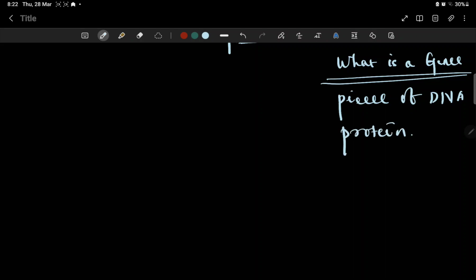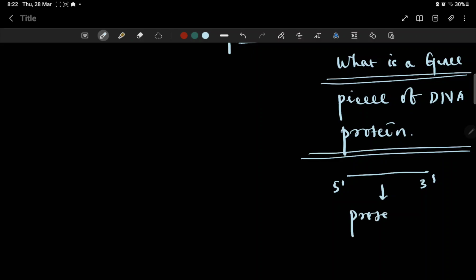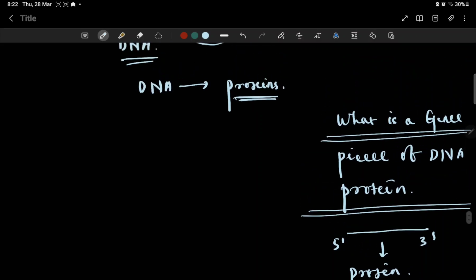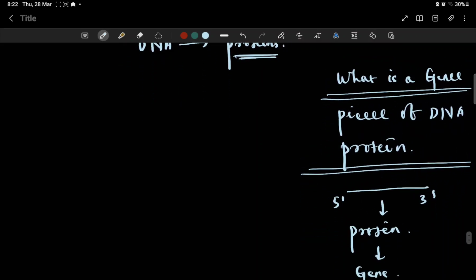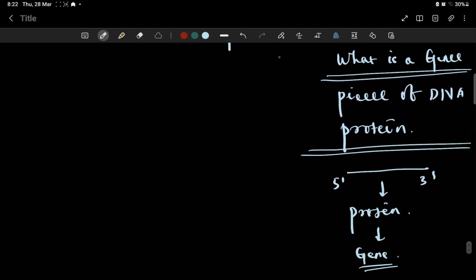That means there are pieces of DNA which are not producing protein. If a DNA produces a protein, that is called a gene, or functional DNA. Now we understood what is gene and what is DNA.